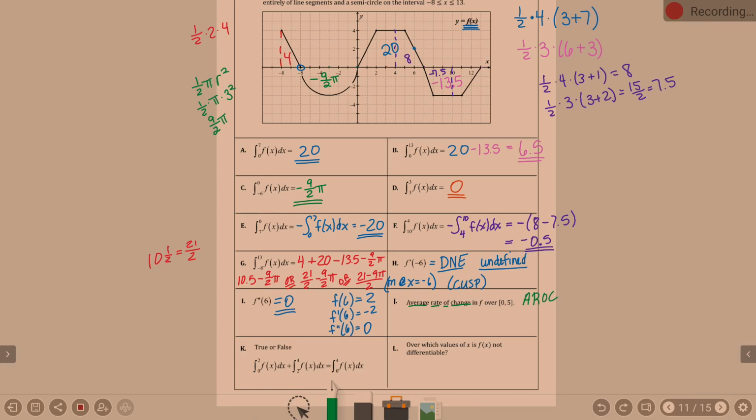So you're doing f of 5 minus f of 0 over 5 minus 0. F of 5 is 4 minus f of 0, which is 0, over 5 minus 0. So 4/5.